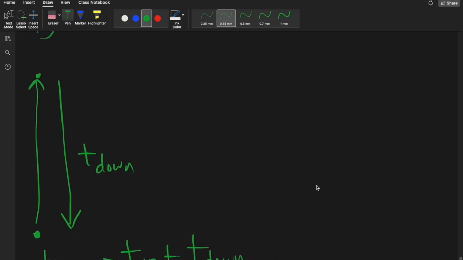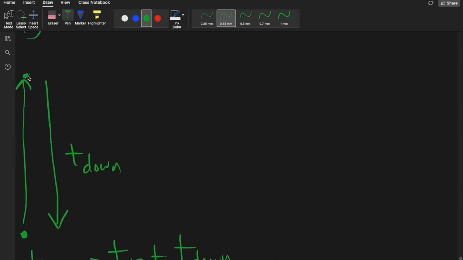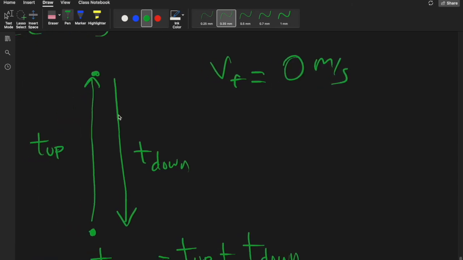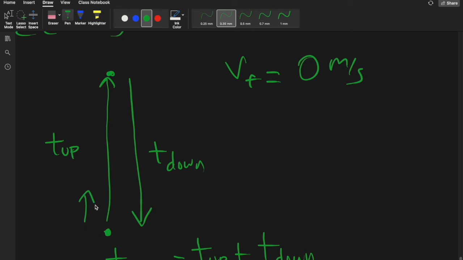And what we know here is the velocity at the highest point is 0, and the initial velocity is equal to 22.5 meters per second, right?